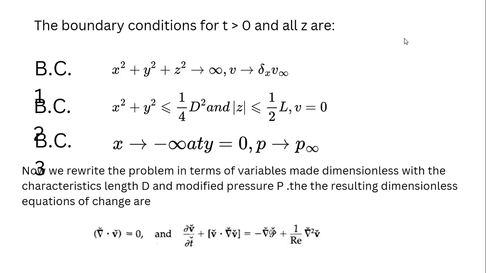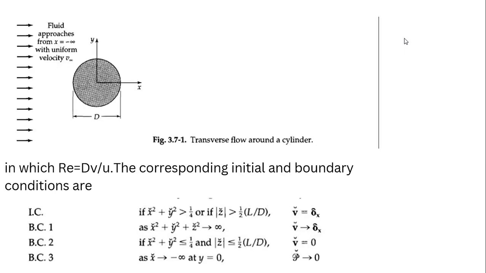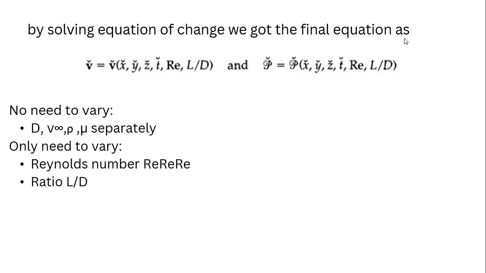So these are boundary condition 1, boundary condition 2 and boundary condition 3. Using the equation of change, we get these boundary conditions.